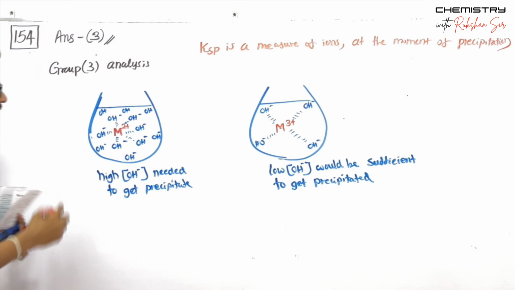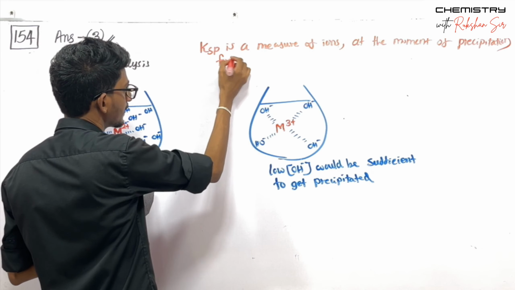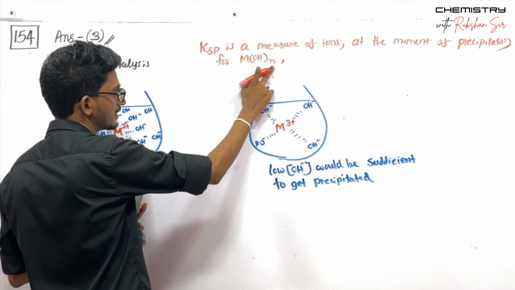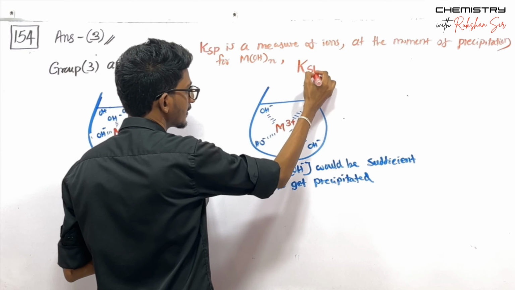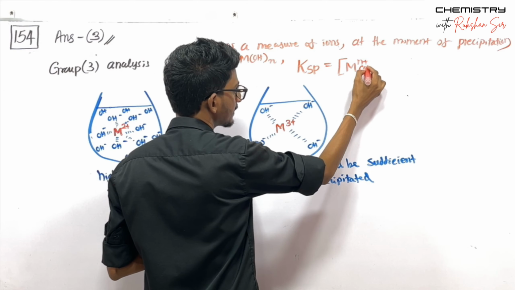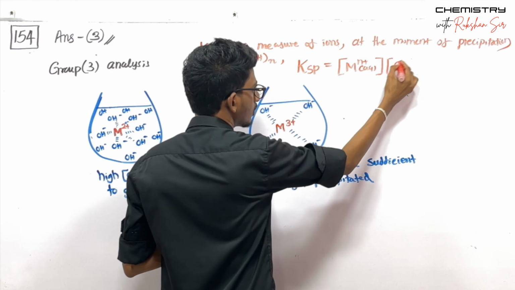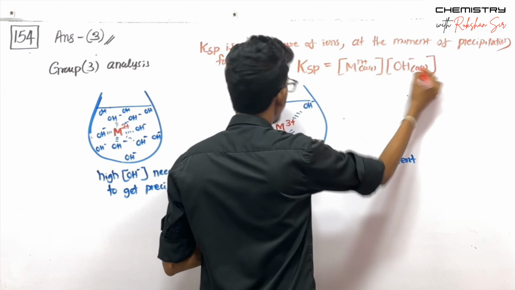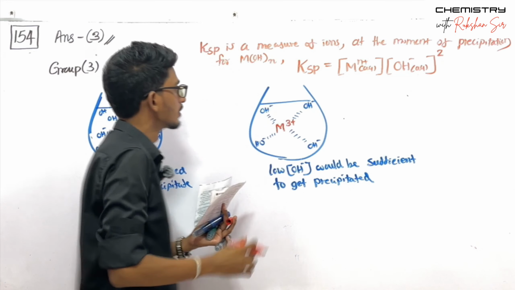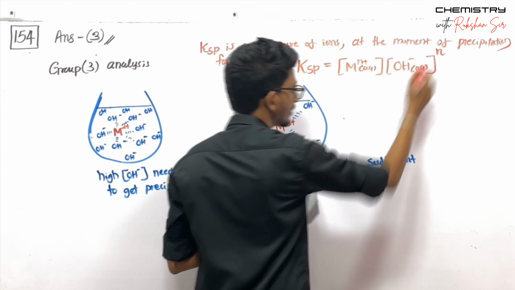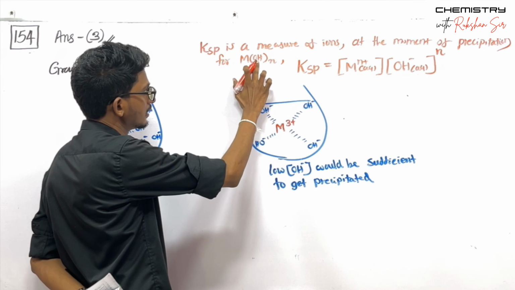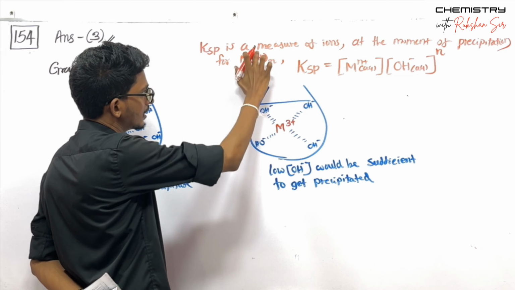Normally for M(OH)n, the charge is n plus. So KSP can be written as M n plus times OH minus to the power n, since you have one M n plus ion and n OH minus ions.